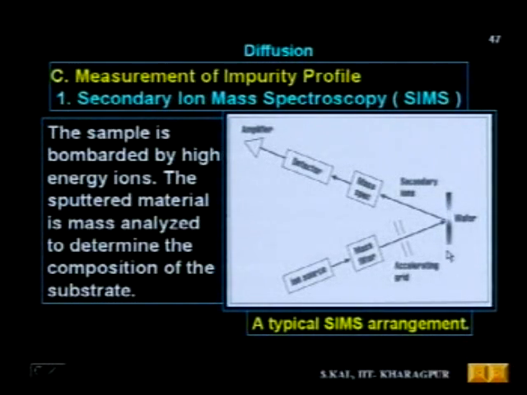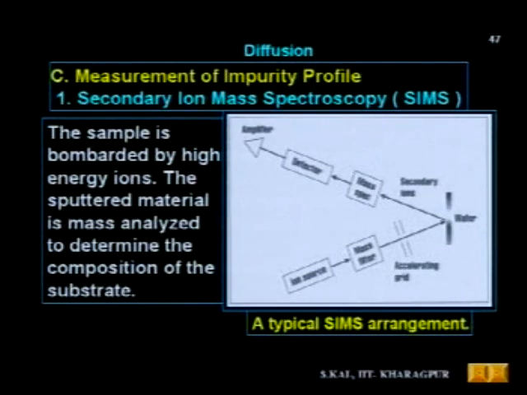Depending on the impurities at the silicon surface, the secondary ions will be ejected along with silicon. Silicon will come out. Along with silicon, some of those impurity atoms also will come, and those impurity atoms and ions are mass analyzed, because silicon has a certain mass, arsenic a different mass, phosphorus a different mass, boron a different mass, like that.